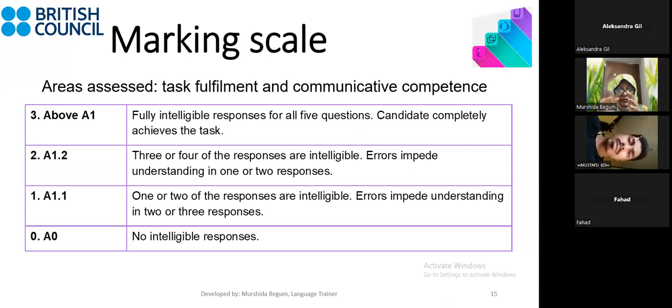So very detailed over here. So 1 or 2 correct answers will be A1.1, 3 or 4 of them will be A1.2, and all 5, which will be intelligible, understandable, will be above A1. All right.